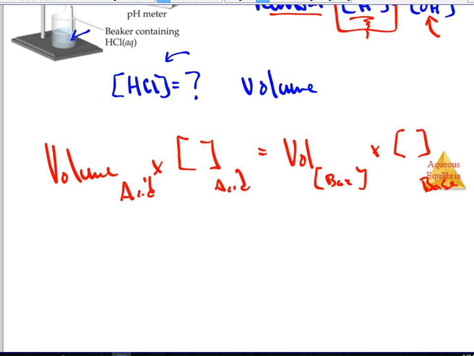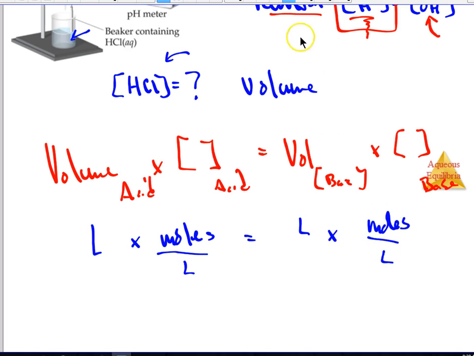And this is genius, because if you think about it, the unit for volume is liters. The unit of concentration is moles per liter. That equals the unit for volume, which is liters, times the unit for concentration, which is moles per liter.